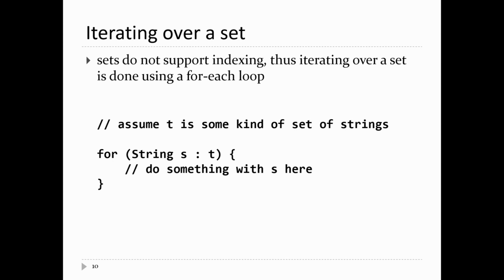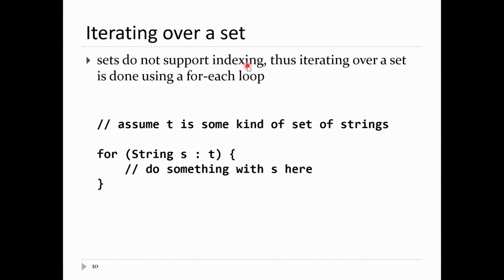Okay, so sets don't support indexing. It's really weird when you use them for the first time because you say, well, I want to get this element from the set, and there's no way to do it. What you have to remember is that if you're using a set and you want to get a particular element, then you know that element is already there, so you don't have to get it anyway.